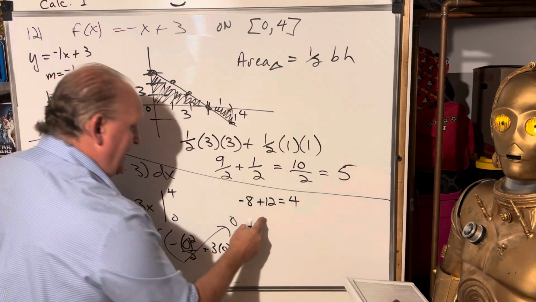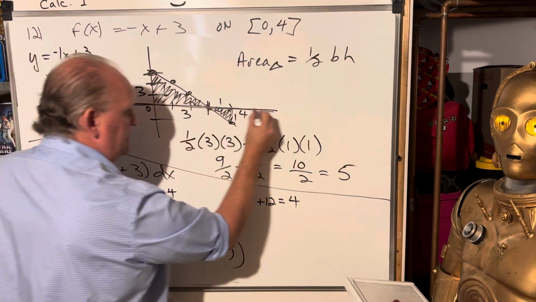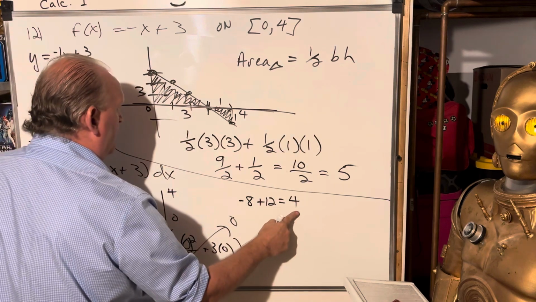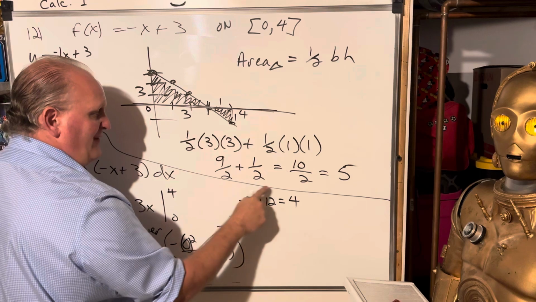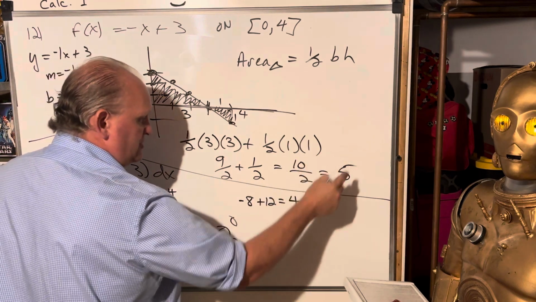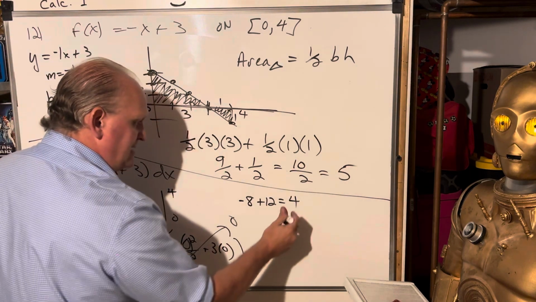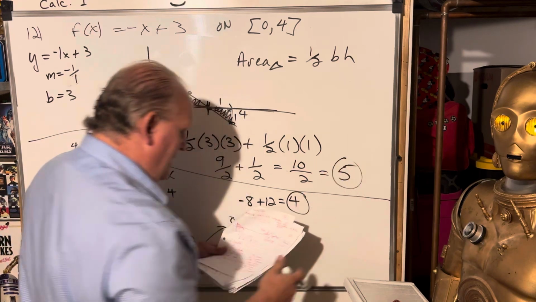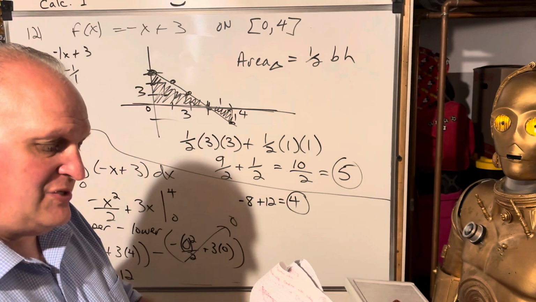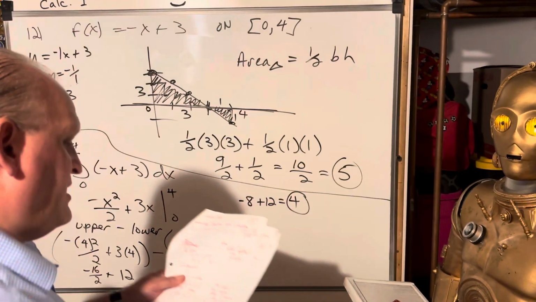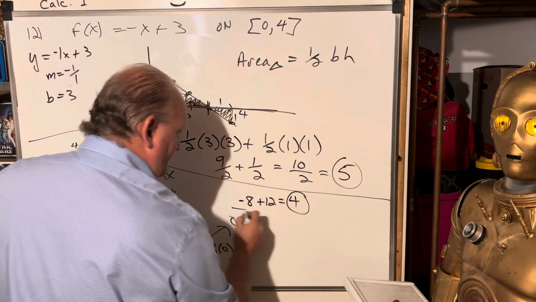When you integrated it, it matters, and so you ended up with 4 because you took this 9/2 minus 1/2 and got 8/2, which is 4. That's why that's 4 and that's 5. So the reason the answers differ is because when using integration, any area below the x-axis is considered negative.